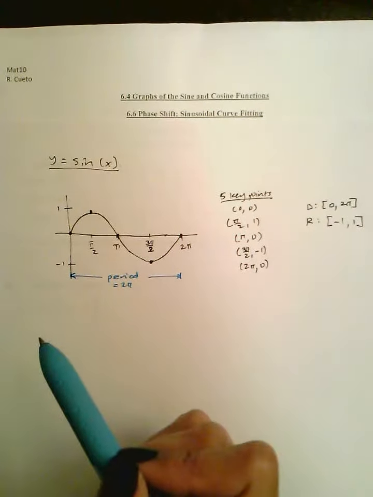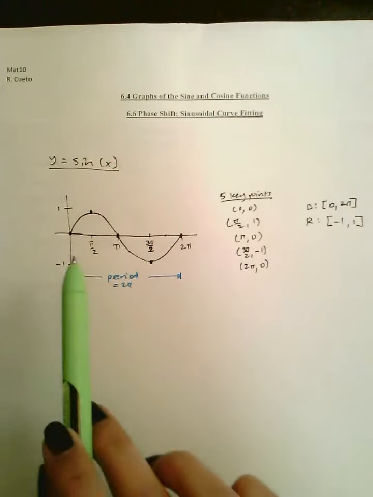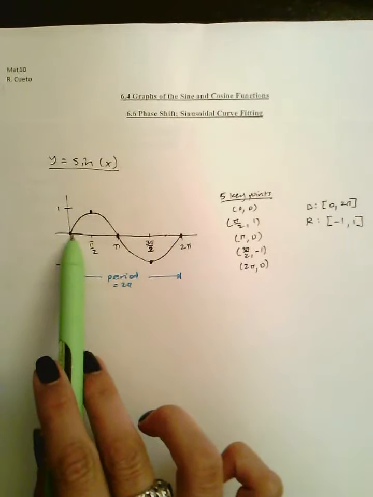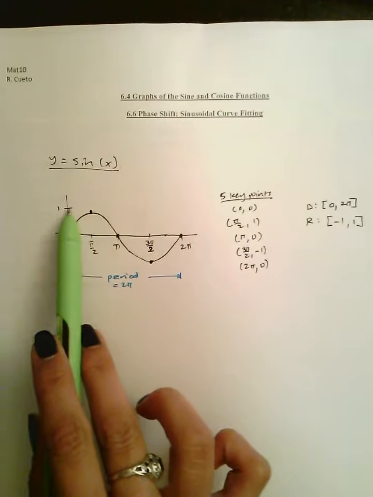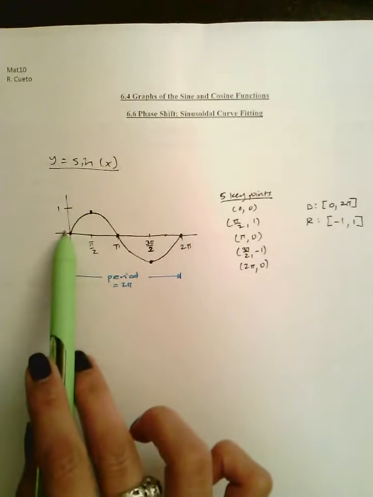And now the amplitude is going to be the distance from the center of the graph to the top of the graph, and from the center to the bottom of the graph. So in the center we have 0, and then the top would be a 1. So the distance between these two would be equal to 1.